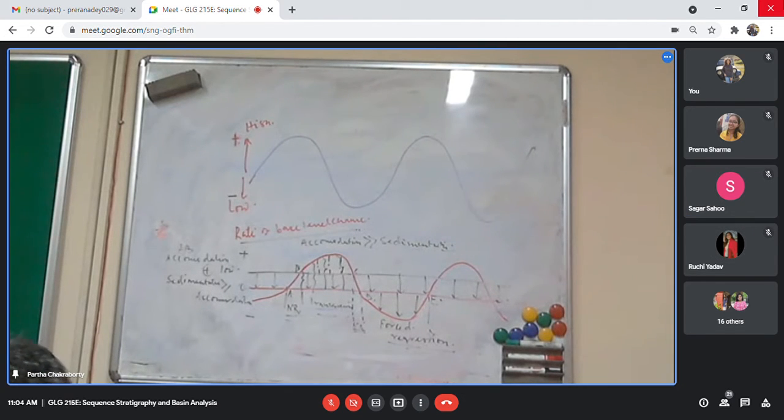When we talk about regression, there are two different regressions and their controls are completely different. So we have to be very, very clear, when we are talking about regression, what kind of regression I am discussing.